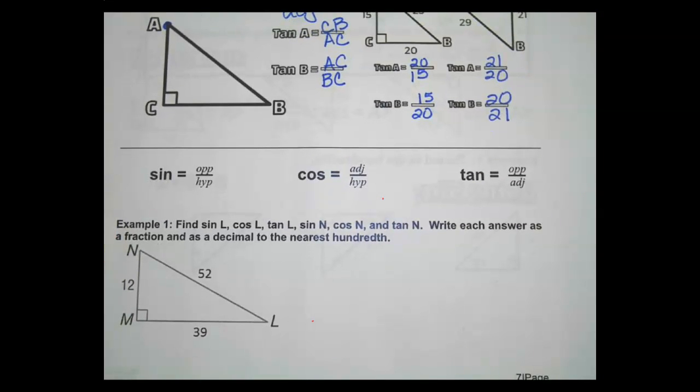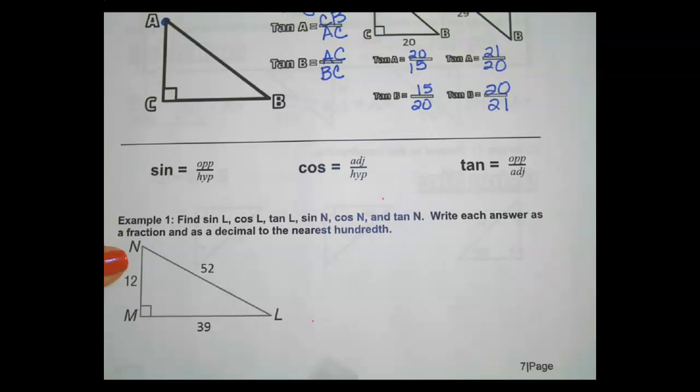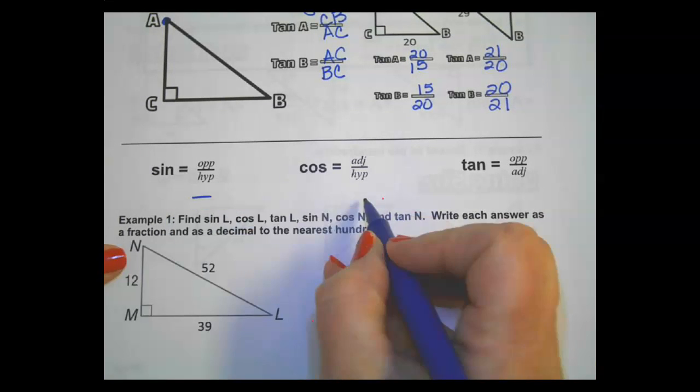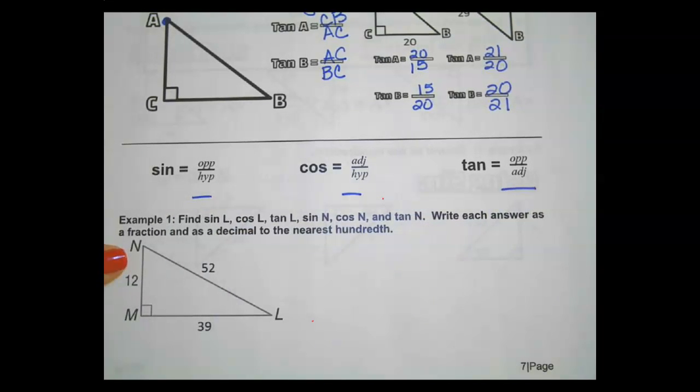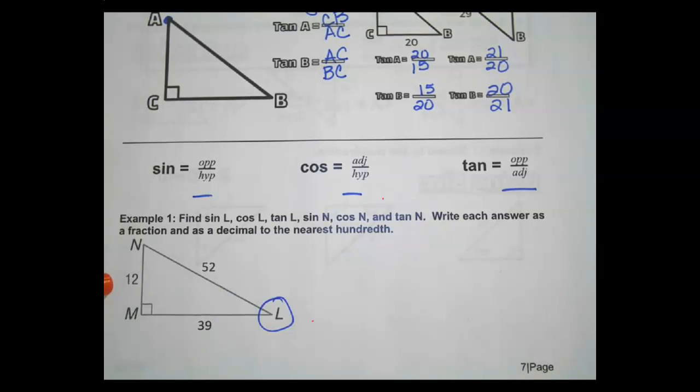Okay. I have a little ditty that goes with this: sine, cosine, tangent. These are the things that you need to know. So let's find the sine, cosine, and tangent of L, and then we'll do that for N as well. Write each answer as a fraction and as a decimal to the nearest hundredth.